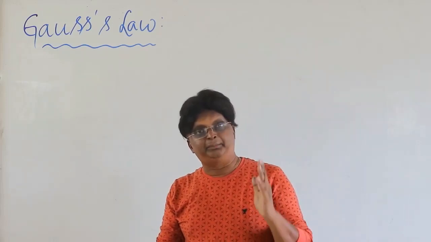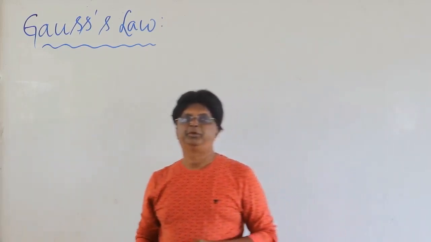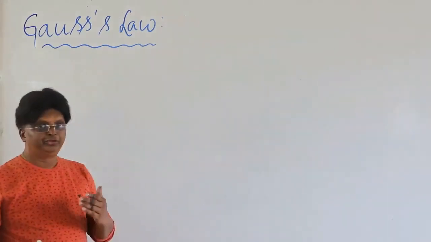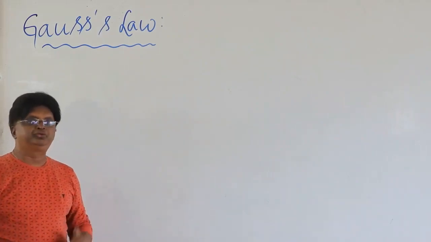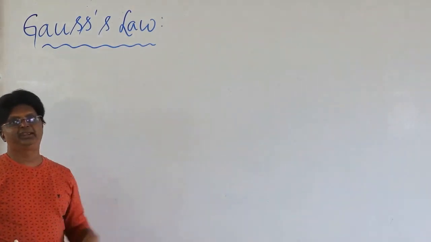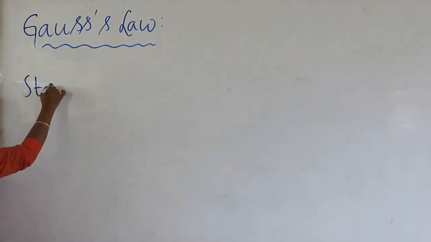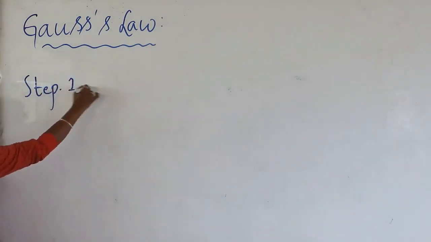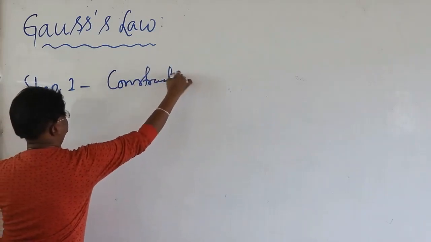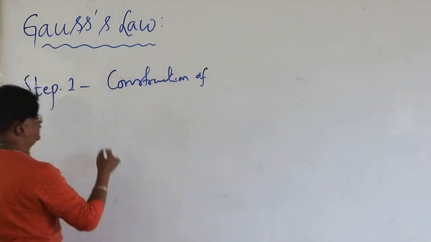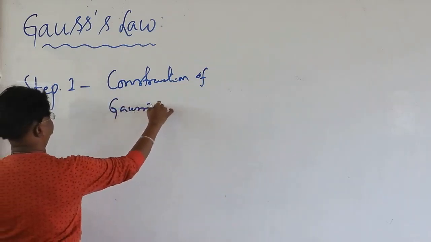Now this application of Gauss law in finding the intensity of electric field is a step process. First let me write those steps, and we should immediately make use of them and start finding the intensities. Step 1 for Gauss law application is construction of the Gaussian surface. This we have explained in the earlier classes.